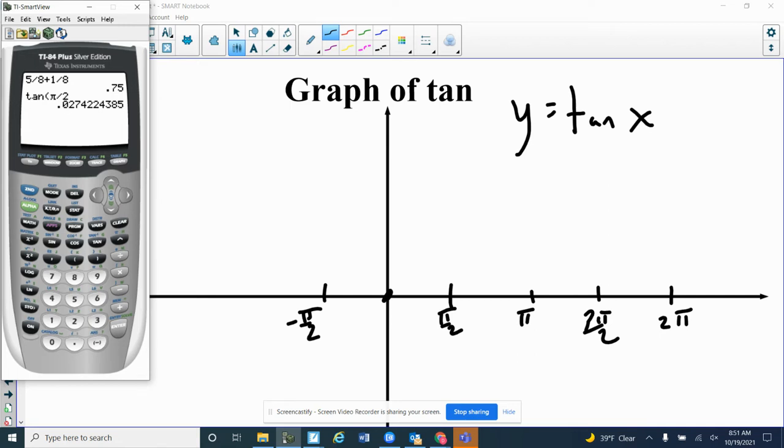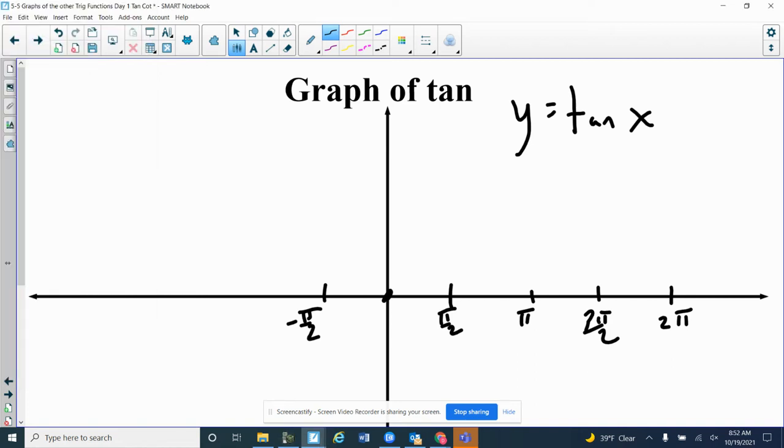I'm the wrong one. Exactly. Mine's in degree mode. I'm very impressed that you all had yours in radian mode when you were doing it. Whenever you hit sine, cosine, or tangent, you have to be mindful of the mode. Mine's in degree mode, so it's looking at the tangent of pi over 2 as like 1.57, so the tangent of 1.57 degrees. But you're getting an undefined value, which actually makes sense.